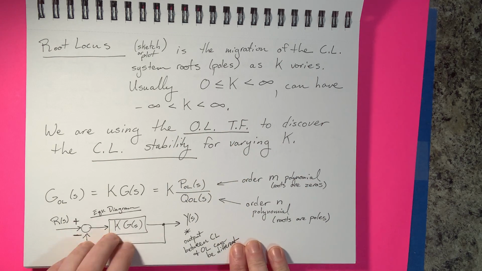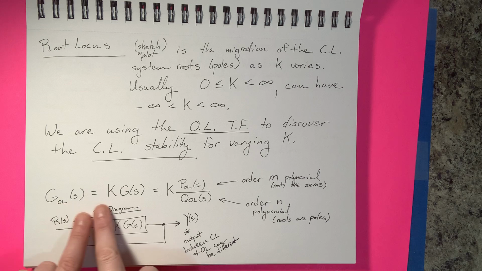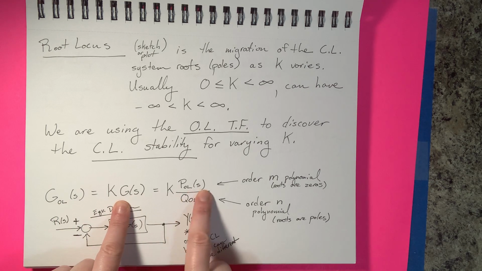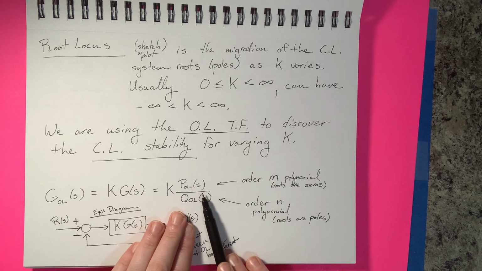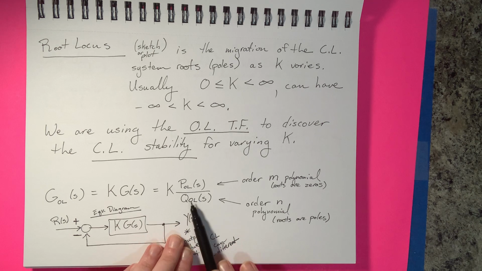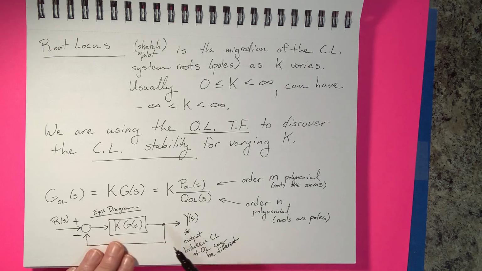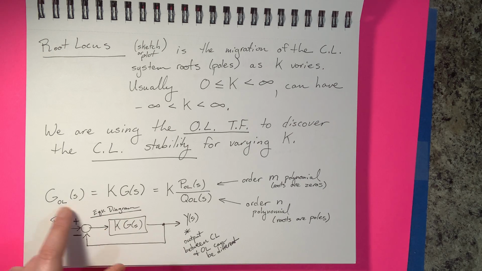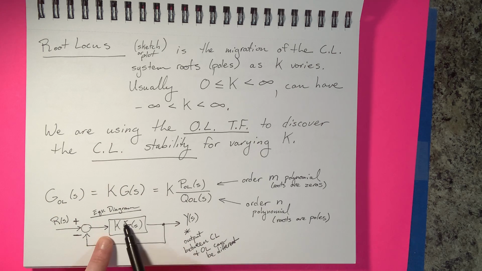So if we look at this, GOL, this is our open loop transfer function. And again, we've said that we would have a polynomial on top and a polynomial on the denominator. We can draw out this equivalent diagram using just our open loop transfer function and place it back into our closed loop design. So this is really the open loop portion.